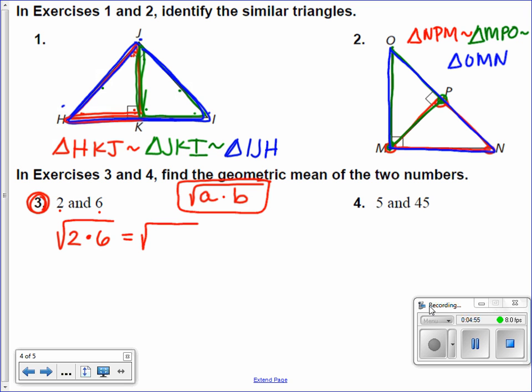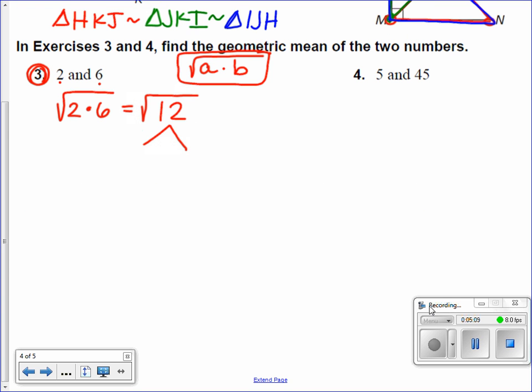I'm hoping you all just yelled out 12, or you were totally quiet, which is fine. 12. And this is not a perfect square root. If you type this in, it will give you a decimal, which means we need to break it down. We always leave our answers exact. 12 breaks up into, you could do 2 and 6, 3 and 4, whatever you want.